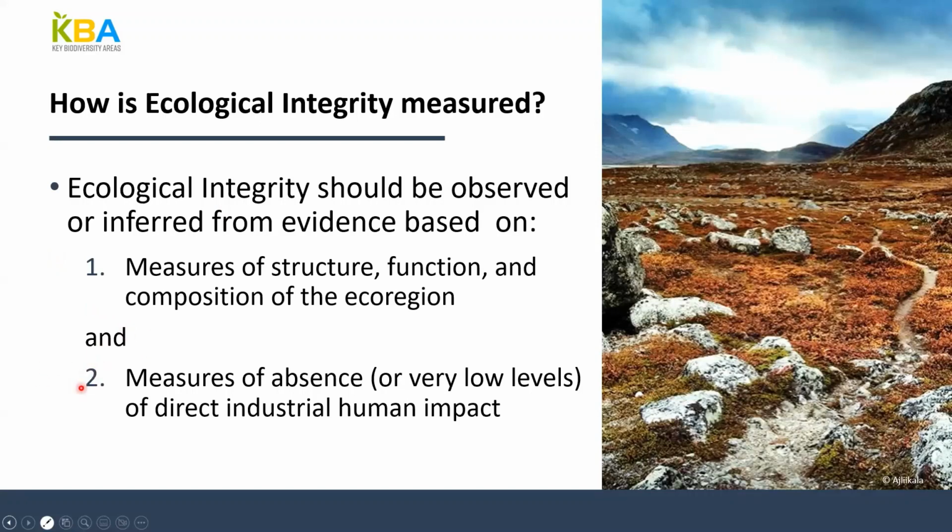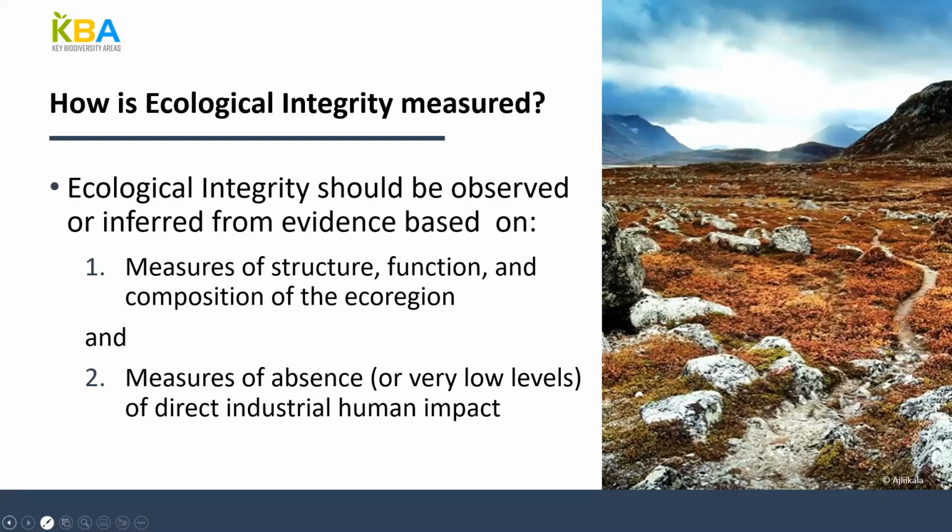The second is the measures of absence or very low levels of direct industrial human impact. Again, I want to stress that absence or very low levels of direct industrial human impact does not necessarily imply absence or even low densities of human inhabitants.